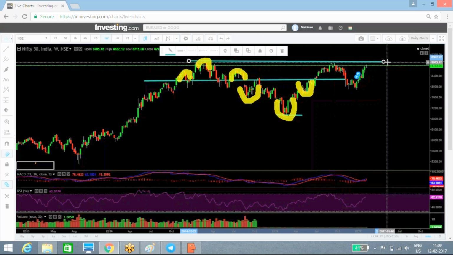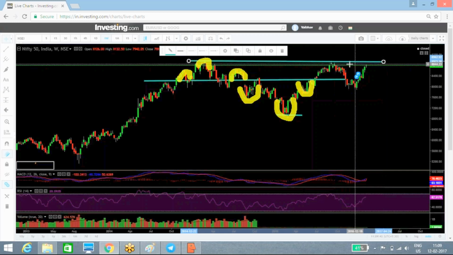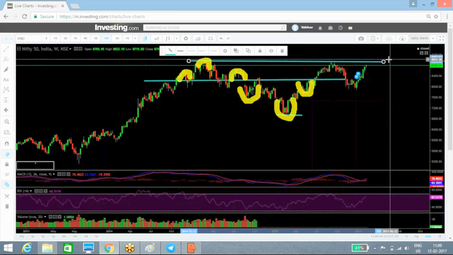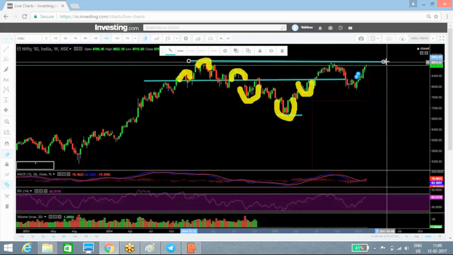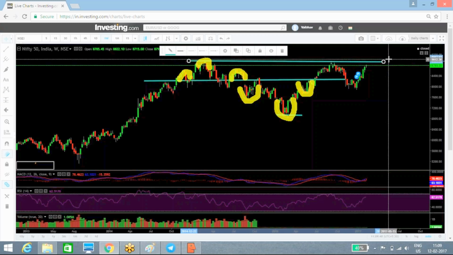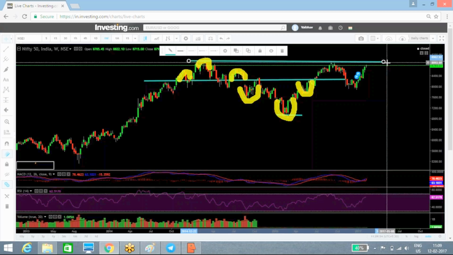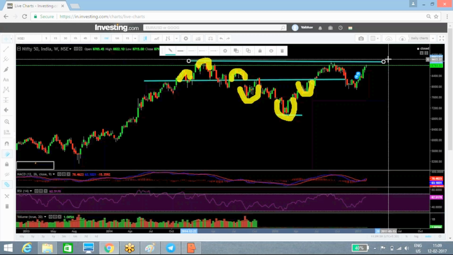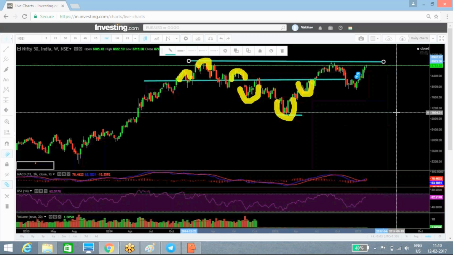Some say 8932, some say 8942. I'm saying 8932. Why? Because you need some support at 8903, 8905 and a close above that. 20 to 30 points doesn't matter when you are looking at a rally of 2000 points, right? So you have to be safe enough for that. So if it closes above 8932, then boom, 11,000.